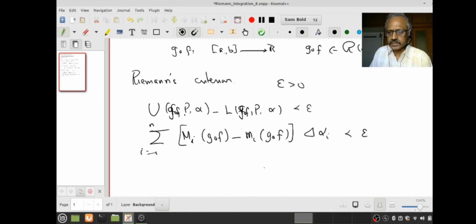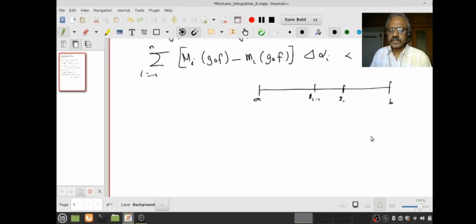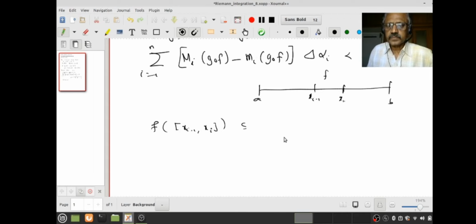Let us have a look at this. This is the partition of [a,b], and this is my x_{i-1}, x_i, and the whole thing is contained in little m to capital M. The first thing you should notice is f of [x_{i-1}, x_i] is contained in [mi, Mi].